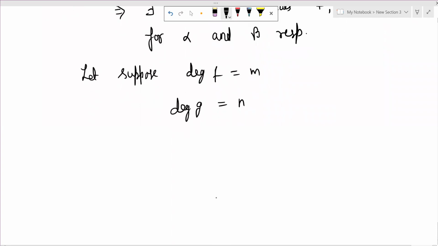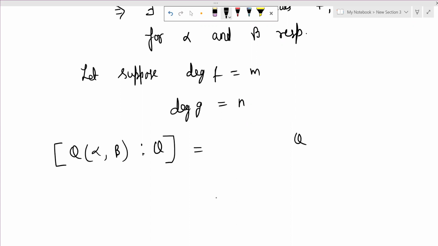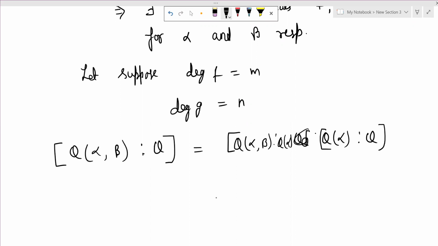Now I am talking about this extension, Q(alpha, beta) over Q. Consider Q(alpha) over Q and then Q(alpha, beta) over Q(alpha).